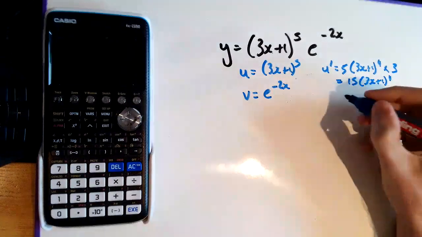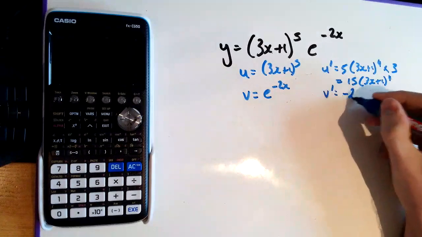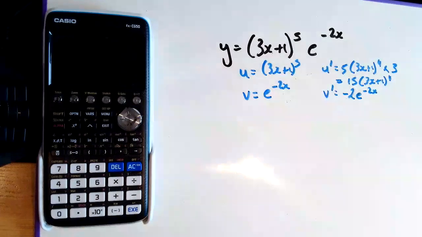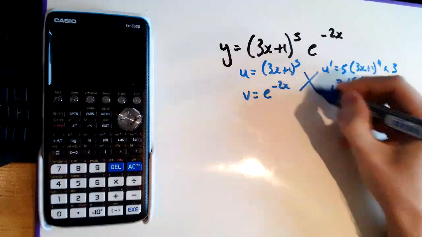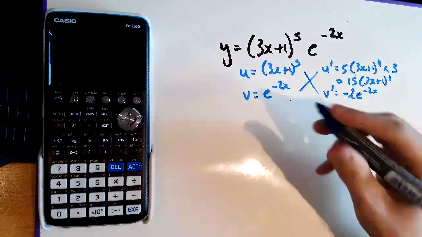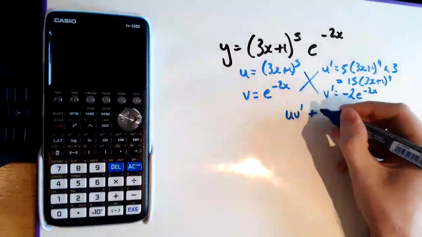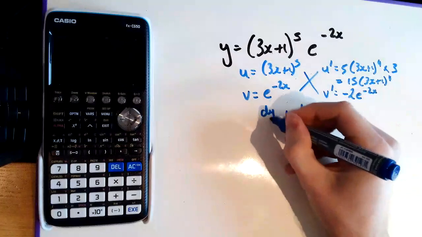Differentiate v, we get minus 2e to the minus 2x. So the formula is u v dash plus v u dash for dy by dx.